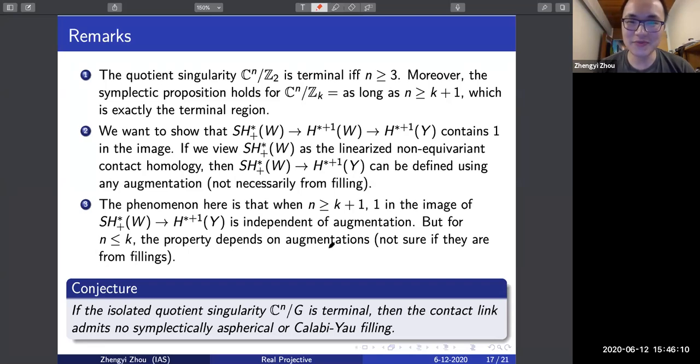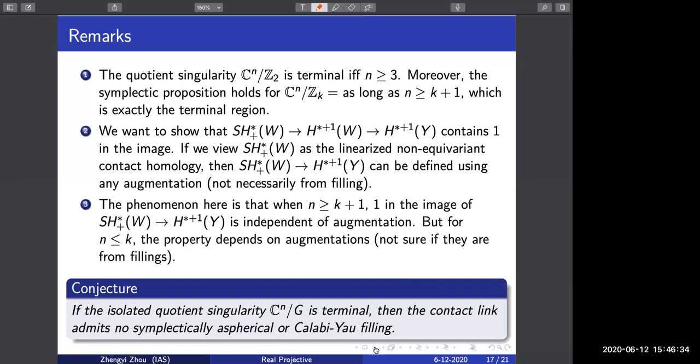This map from SH plus depends on augmentation, but there's only one augmentation, so it's always that map. But the phenomenon here is not about there being only one augmentation. It's about some portion being independent of augmentation. But if you restrict your filling a little bit, then there are some cases where you can say one is always in the image. Yeah. Thanks.